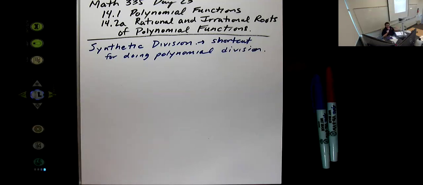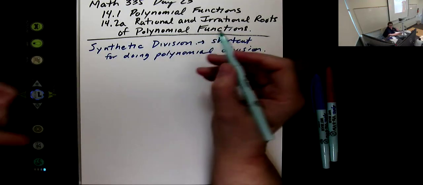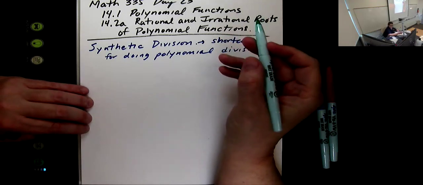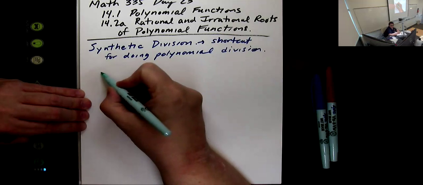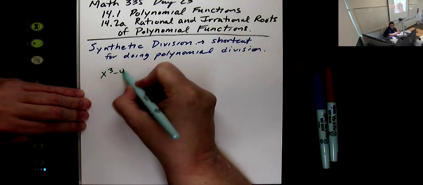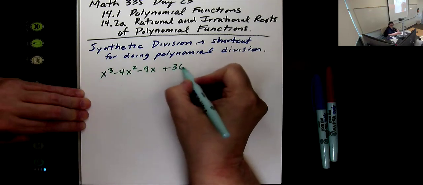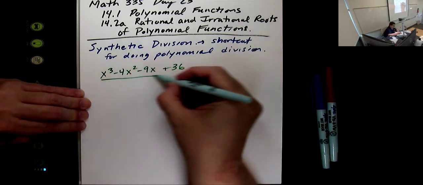So let me pick a nice simple problem to go off of. Let's go with x cubed minus 4x squared minus 9x plus 36 divided by x plus 3.